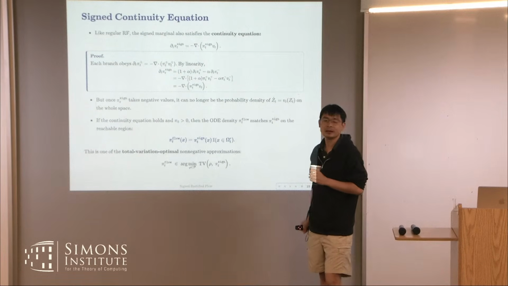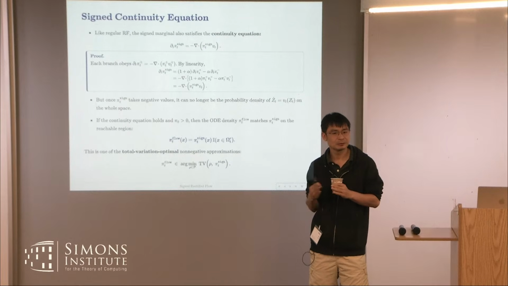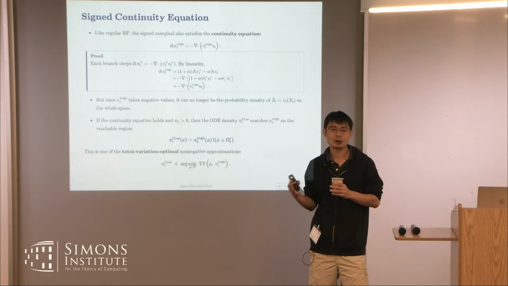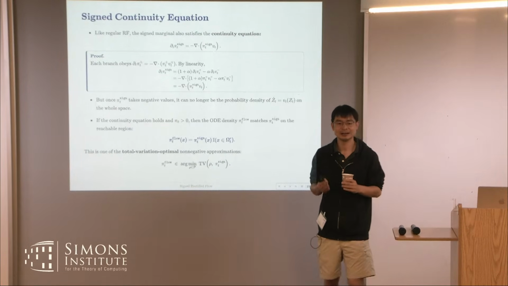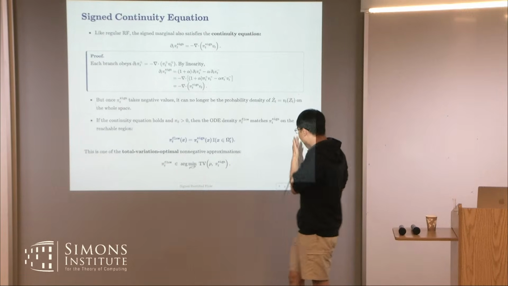It might, but this flow in general doesn't really correspond to a Wasserstein gradient flow. I'm not sure exactly, but I would say this is really connected to optimal transport between signed measures. If you're familiar with that literature, there's a rich connection. Any questions?